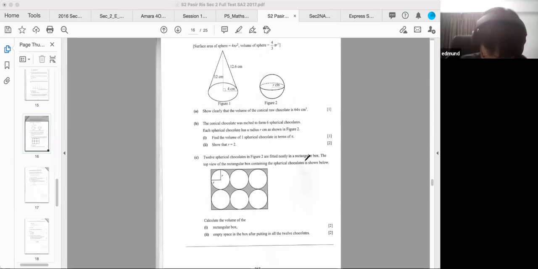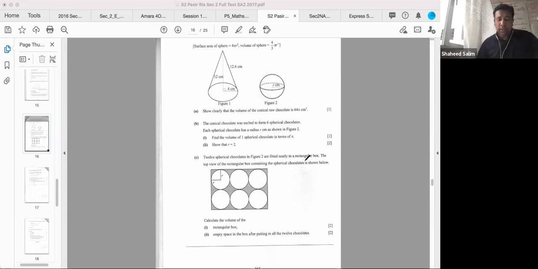128. 128 is not correct. Okay, 768 minus 128. Do you times the pi now? Okay, you must times the pi. 128 times pi is 402.